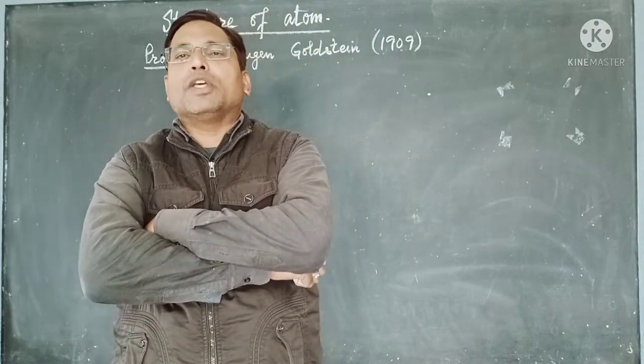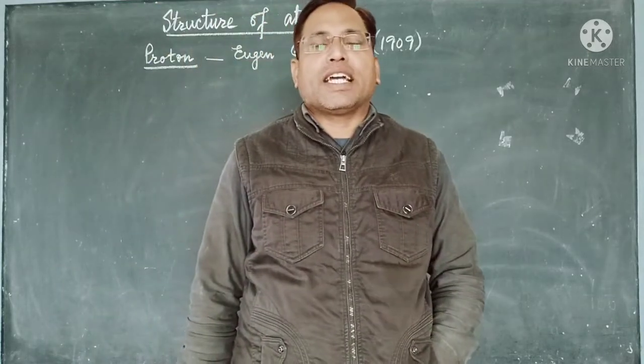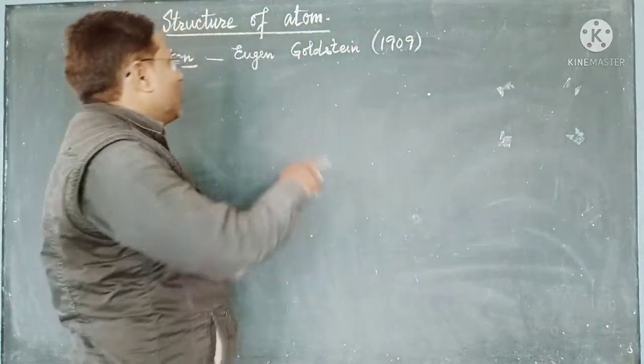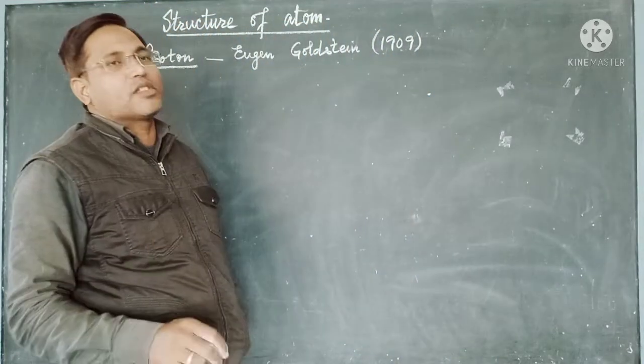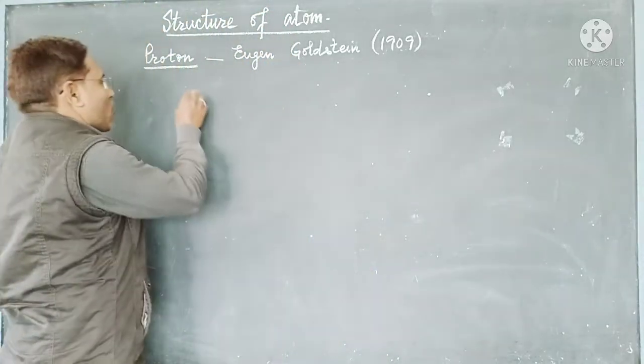What did he observe? Eugen Goldstein observed that some rays were coming out from the anode end.